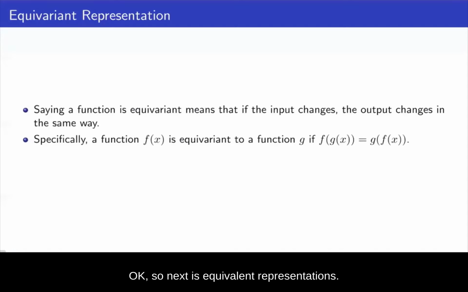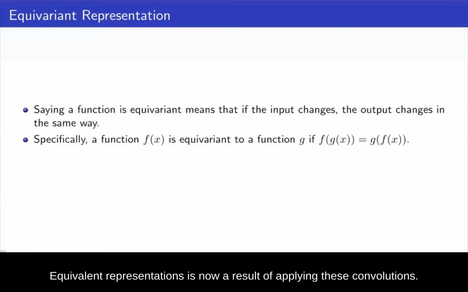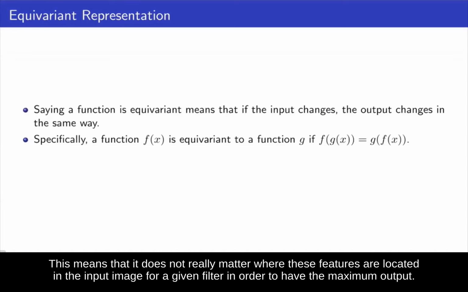Okay, so next is equivariant representations. Equivariant representations are a result of applying these convolutions. This means that it does not really matter where these features are located in the input image for a given filter in order to have the maximum output.